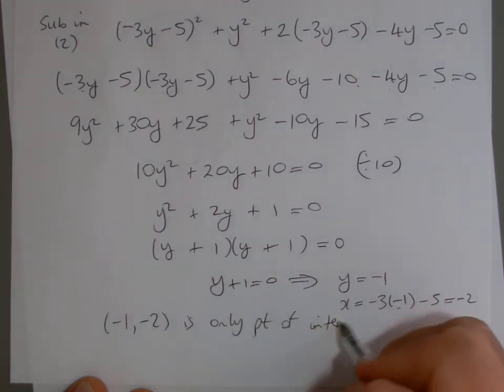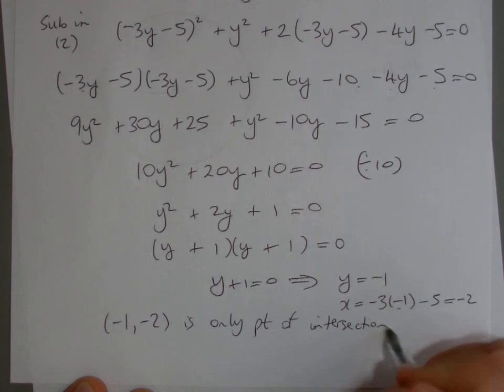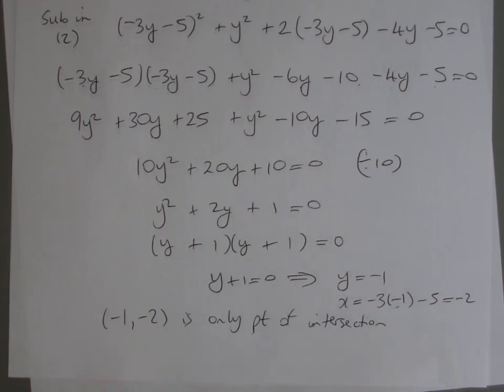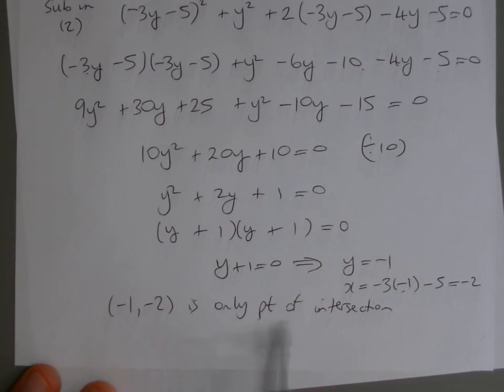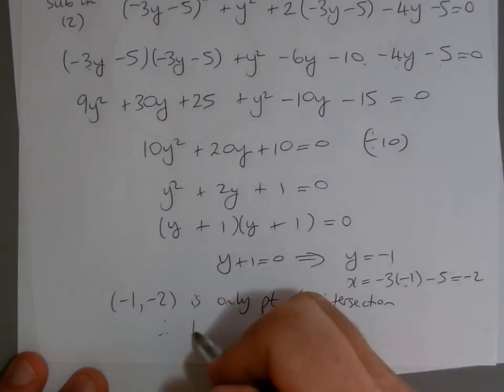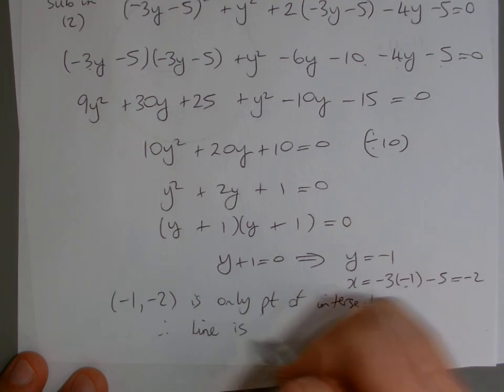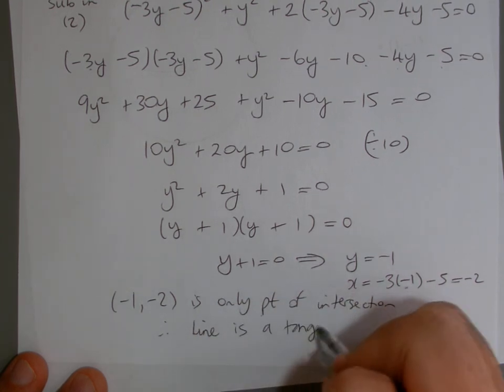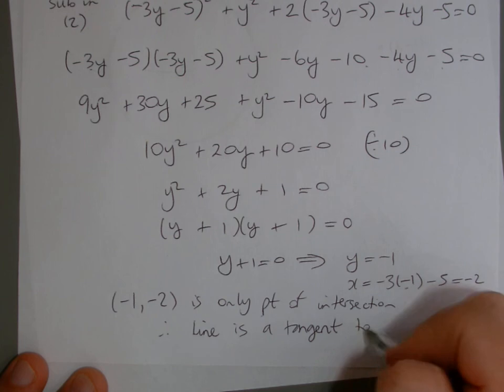If you've only got one point of intersection, it's got to be a tangent. Because if it's not a tangent, it's going in the circle and it's got to come out, so it'll have 2 points. But we've only got 1 point here. Therefore, the line is a tangent to the circle.